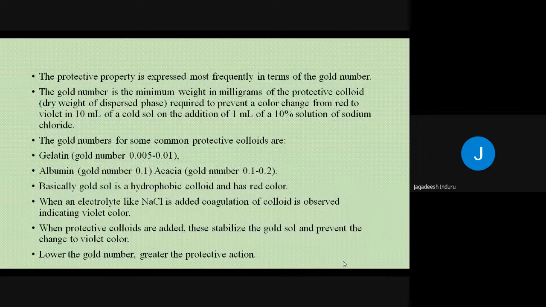So when you add a lesser and lesser quantity, it means you are getting better and better stability.